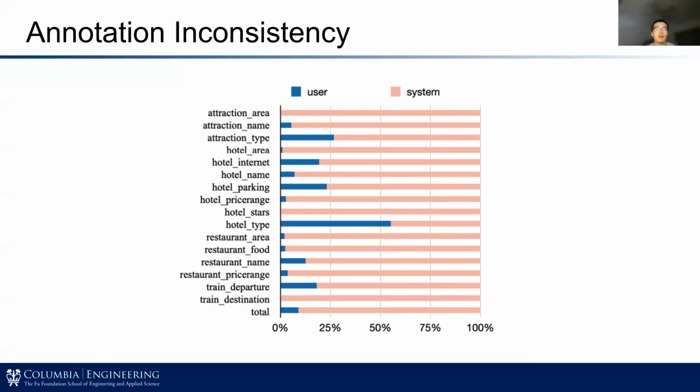What does this mean? This means the annotators agree to annotate the slots in the user utterance, but for the information from the system side, they are not sure whether to annotate or not. So this is the reason for the strategy inconsistency.